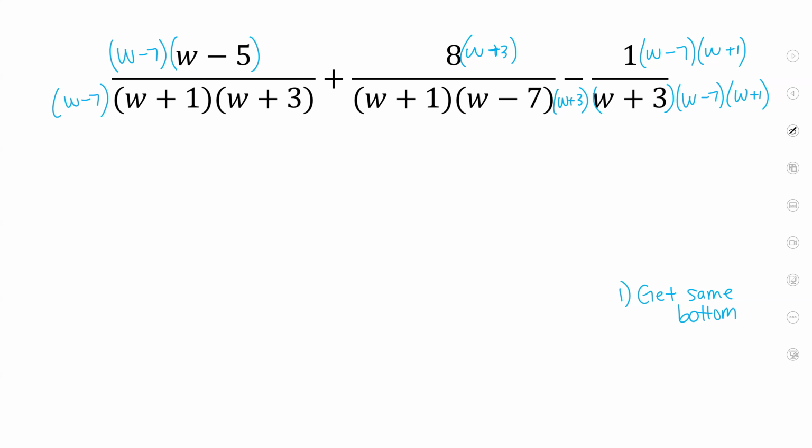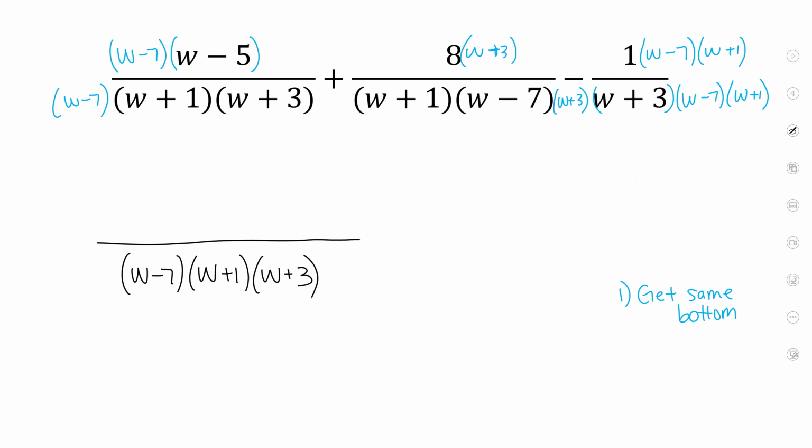All right, so let's multiply it out. I know my denominator is going to stay the same. So my denominator is W minus 7, W plus 1, W plus 3. Okay, so let's start multiplying this out.